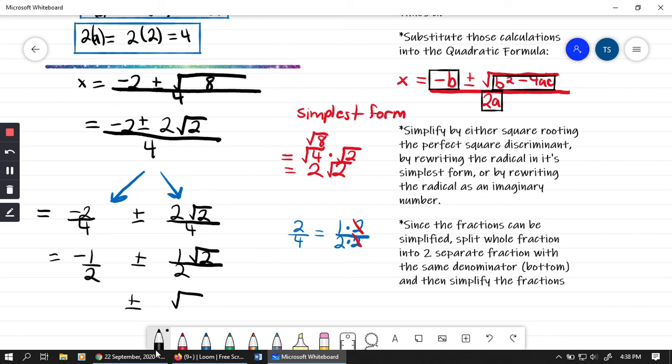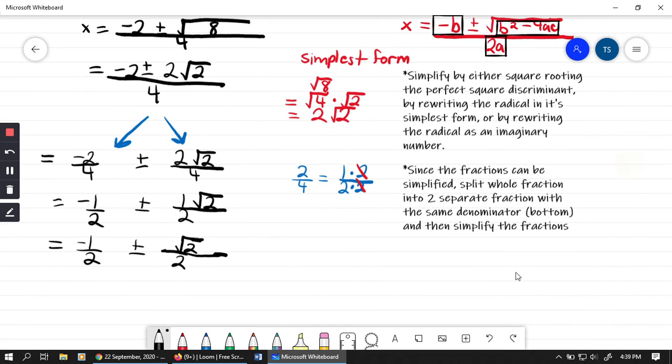If you're multiplying 1 times something, it's just that number. 1 times 8 is just 8, so 1 times the square root of 2 is just the square root of 2. So this would be simplified like this, and this would be our final answer.